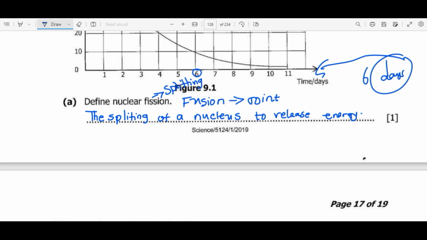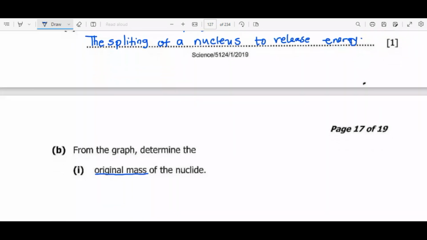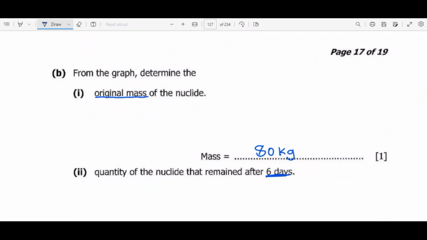So this is our 6. Then you draw a dotted vertical line until you touch the curve. Then you turn 90 degrees to the left. The point where the dotted line will touch the y-axis is the mass that remained, which is 10 kilograms.